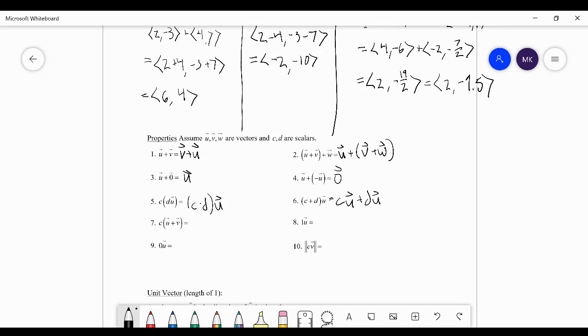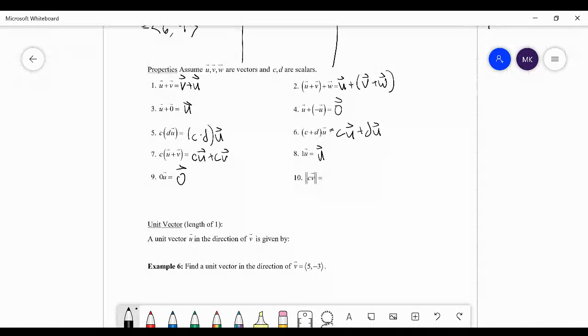And here we have a scalar times vector addition, and we can also distribute a scalar across vector addition. 1 times vector u is just vector u. 0 times vector u is the 0 vector. And this is a cool part here. The magnitude of c times vector v is equal to simply the absolute value of c times the magnitude of vector v.